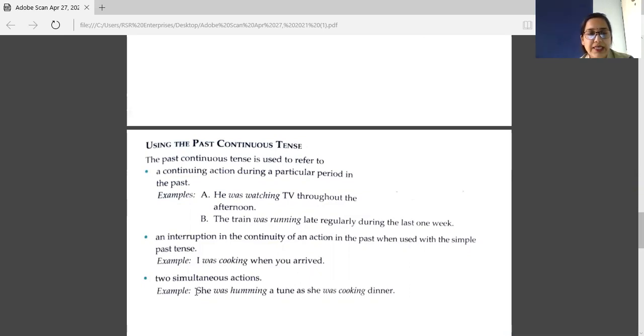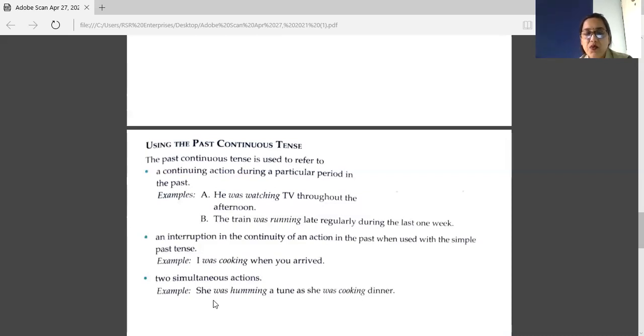Right? Let's see this third point. Two simultaneous actions. If two actions are given there and at some past time, they were going on simultaneously, there we have to use past continuous tense. See this example.